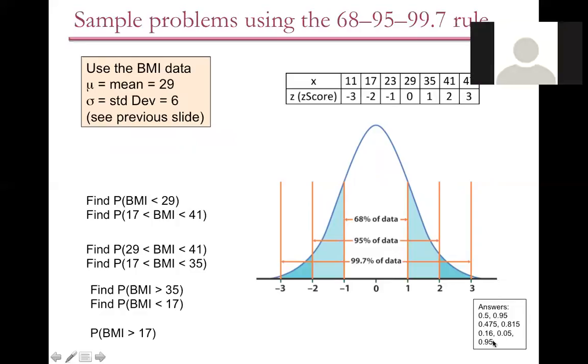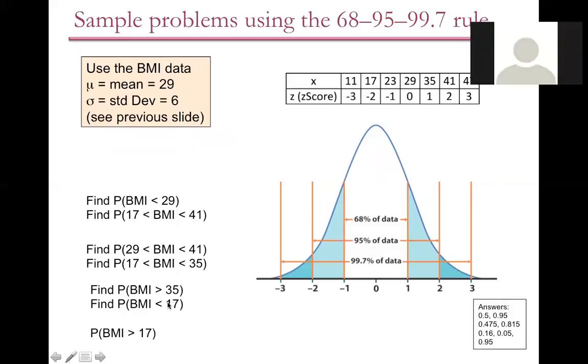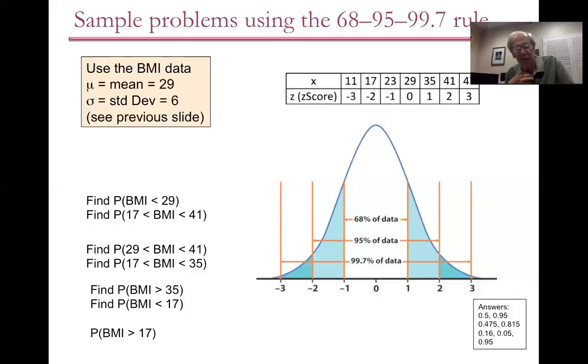Yeah. So the probability that BMI is less than 17, because less than 17 would fall within that 95 range, but it's only on the left. So it's 5% split on both sides, right? Yeah, and you're absolutely right. That's okay, 2.5. You're absolutely right.